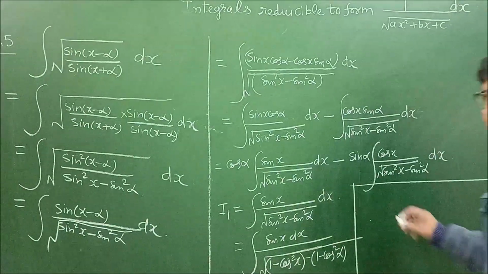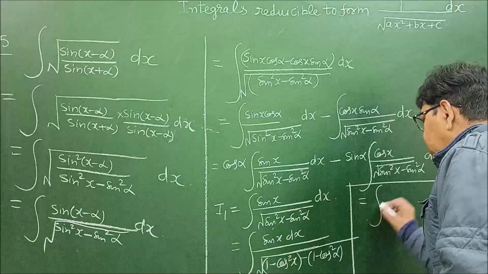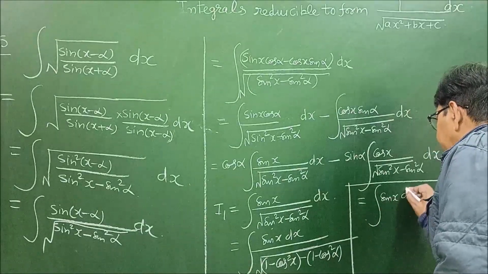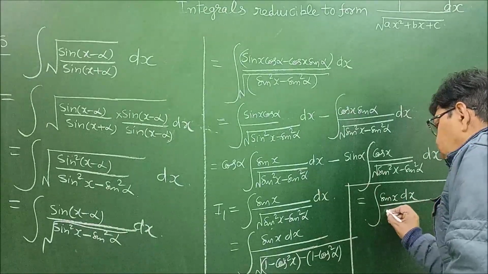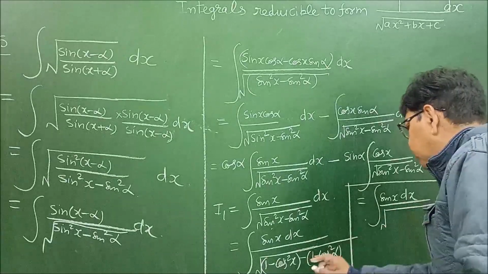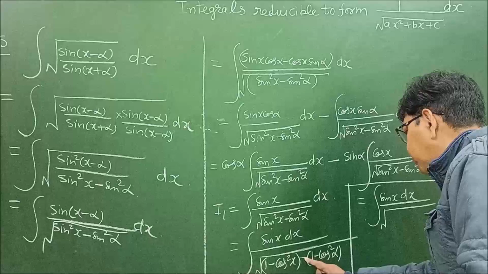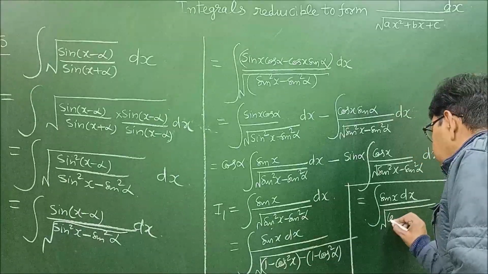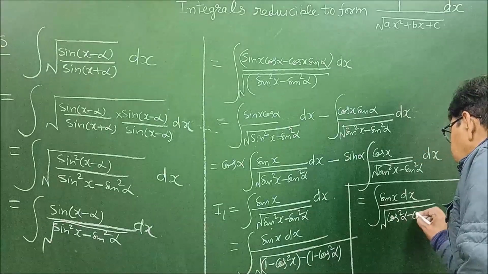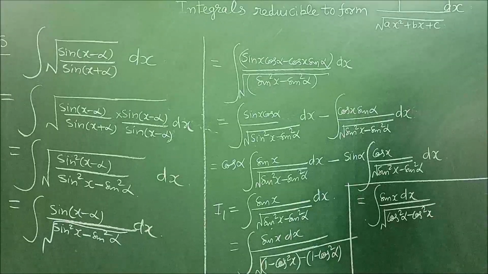So this is equal to integral of sin x dx upon under root of, the 1 and 1 get cancelled, we get cos²α positive, cos²α − cos²x.